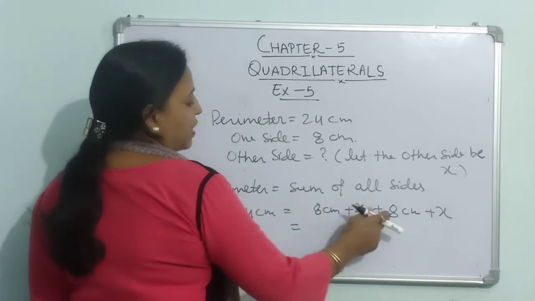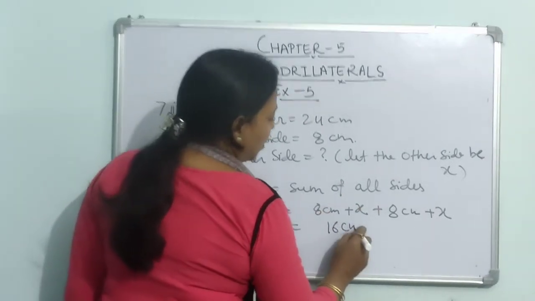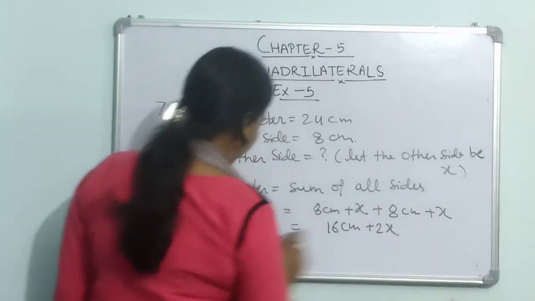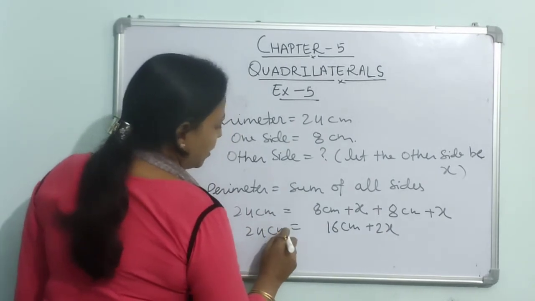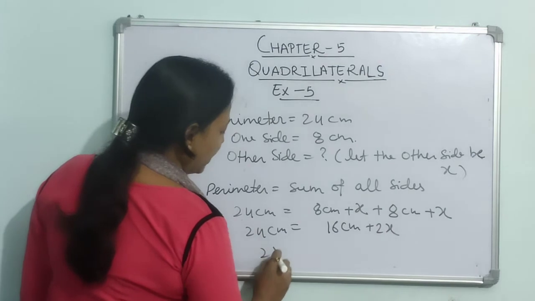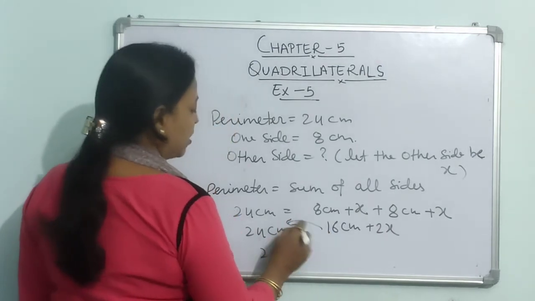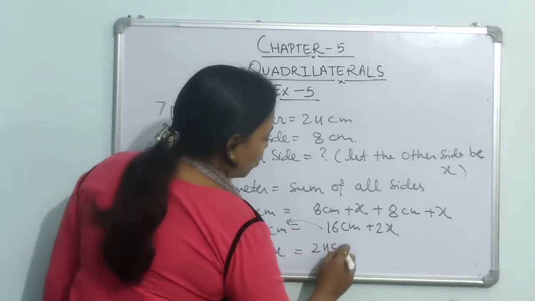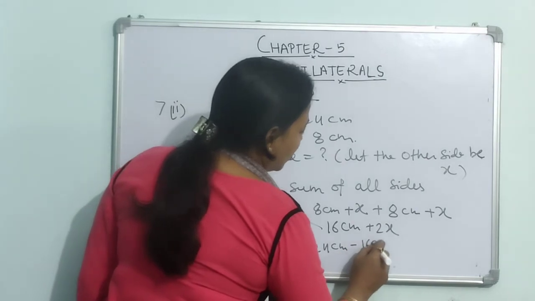So 8 plus 8, it is 16 centimeter plus 2x. 24 centimeter is equal to 16 centimeter plus 2x. Or you can write 2x is equal to, you transfer this 16 centimeter this side, so 24 centimeter minus 16 centimeter.